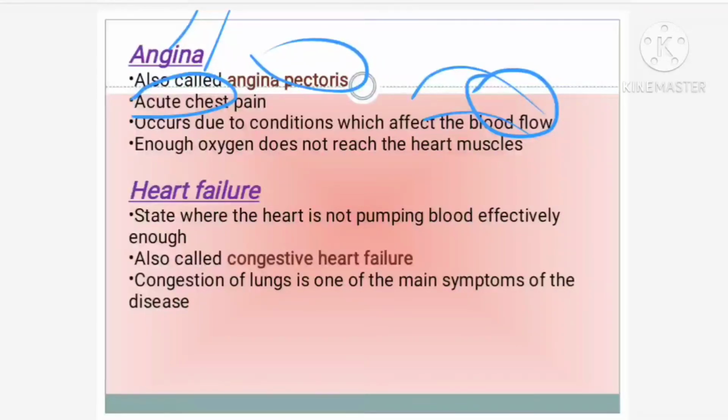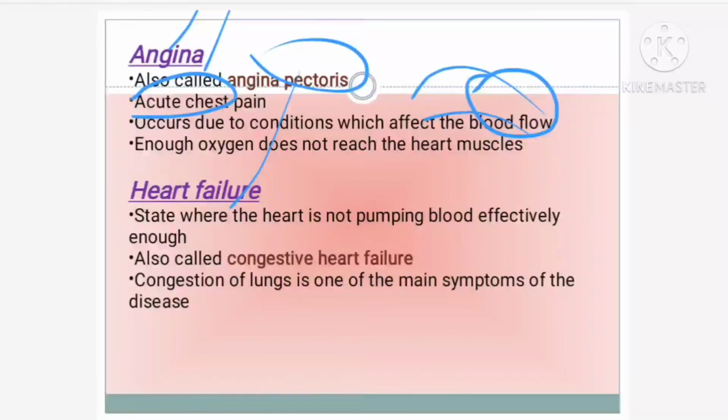Okay, it is affecting the blood flow to the heart. So enough oxygen is not reaching the heart muscles. In that case, whatever the reason, maybe respiratory diseases or some other disease, if enough oxygen is not reaching the heart, then the person is likely to suffer from acute chest pain. Okay. So that is called as what? Angina.